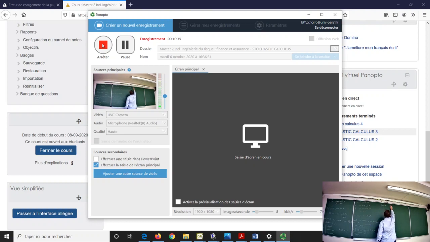I say that if X belongs to L1 of omega, A, P, and if I define MT this way, MT equal to the conditional expectation of X given Ft, then this process is a martingale.